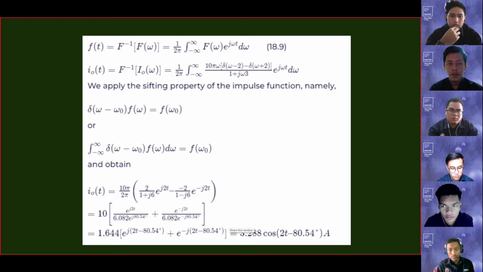Next slide. When we get the equation, we need to transform it to get i naught in time.